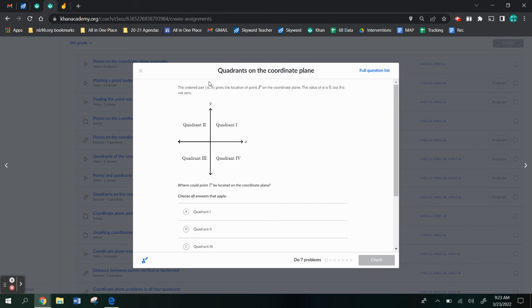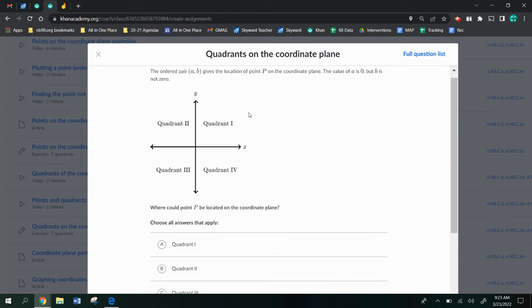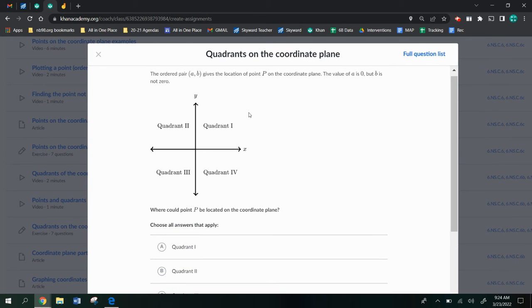This one is more wordy, so you actually need to understand what the words mean. So again, what makes math difficult is the English language, because you're translating. You have to translate the English to math. The ordered pair A, comma B gives the location of point P on the coordinate plane.